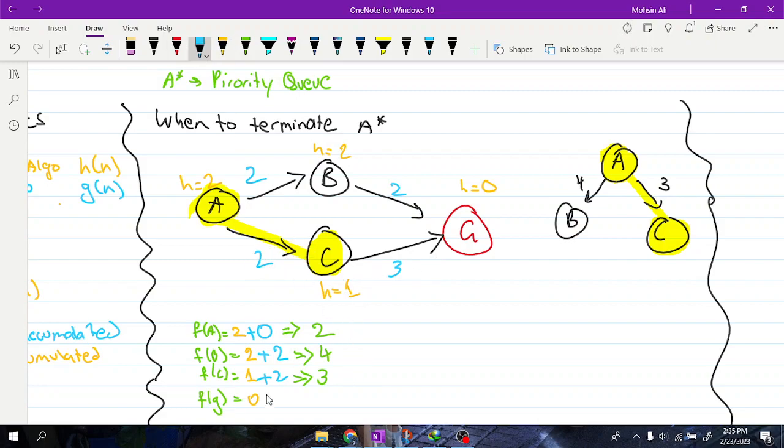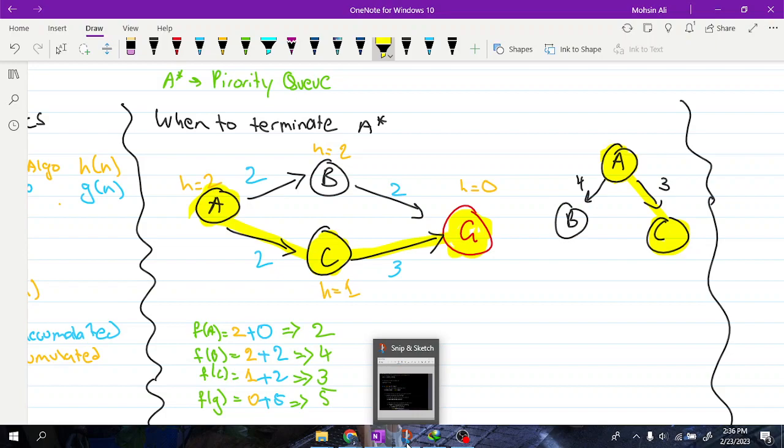So 2 plus 3 is going to be 5. So I have this as 5, and what we see is that if I'm traversing from C to G, I should just terminate. Why is it that I'm calculating the f function of G? Because if I just went to G, that's it. That's finished. That's the end of story.